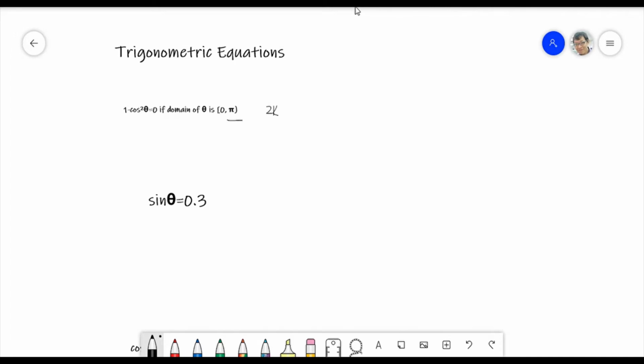Okay, so let's do this one. 1 minus cosine squared theta equals 1. So this is the same as cosine squared theta equals 0, so cosine theta should be 0, right? Actually, cosine theta should be equal to positive or negative 1. This is a special angle. Cosine is this side divided by the hypotenuse, and it is 1, so this side and the hypotenuse are the same.